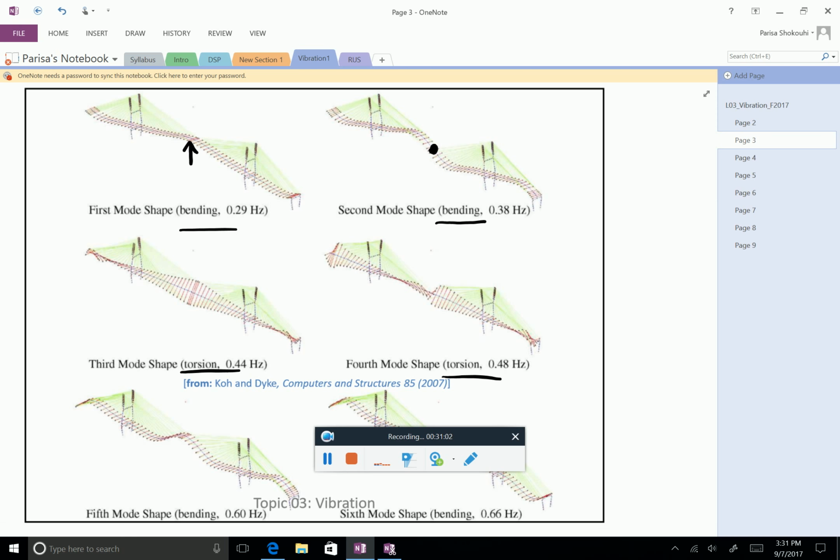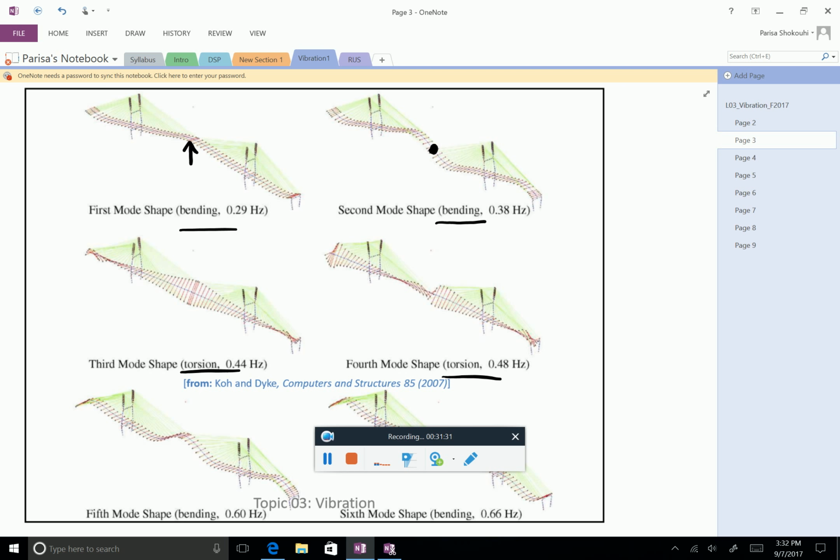So let's say, for example, you look at the first bending mode of this bridge, and you see that the center of the bridge is moving a lot. Now, if you compare your measured first mode to the simulated first mode, and you see a lot of difference between them, that would mean that the material properties in the middle of the bridge may be very different from what you would think they are.